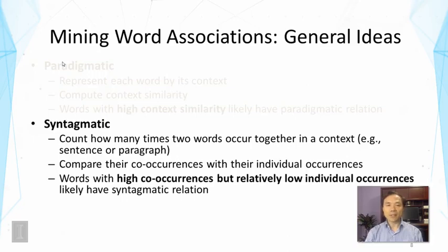For syntagmatic relation, we will count how many times two words occur together in a context, which can be a sentence, a paragraph, or even a document. And we're going to compare their co-occurrences with their individual occurrences. We're going to assume words with high co-occurrences but relatively low individual occurrences to have syntagmatic relations, because they tend to occur together and they don't usually occur alone.